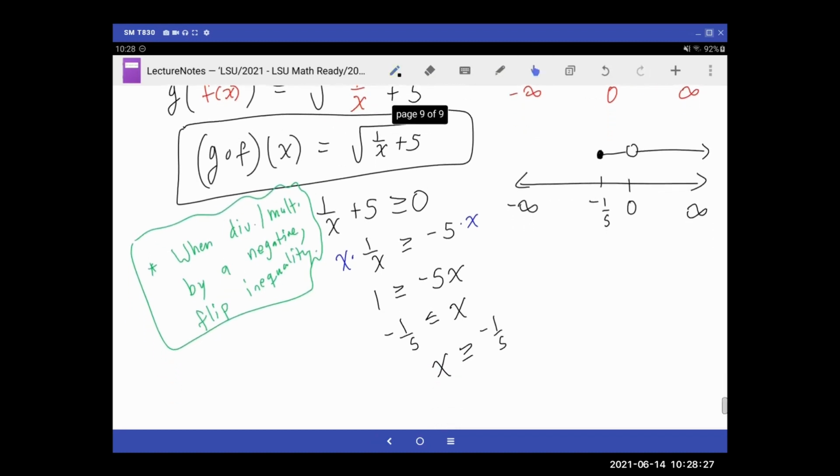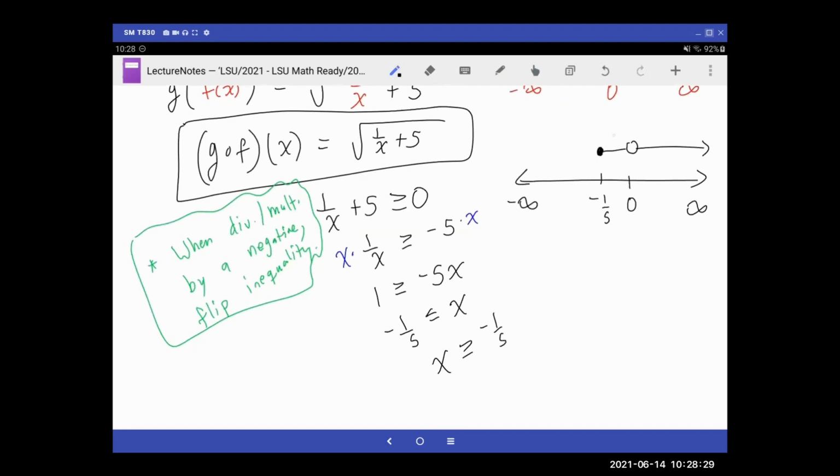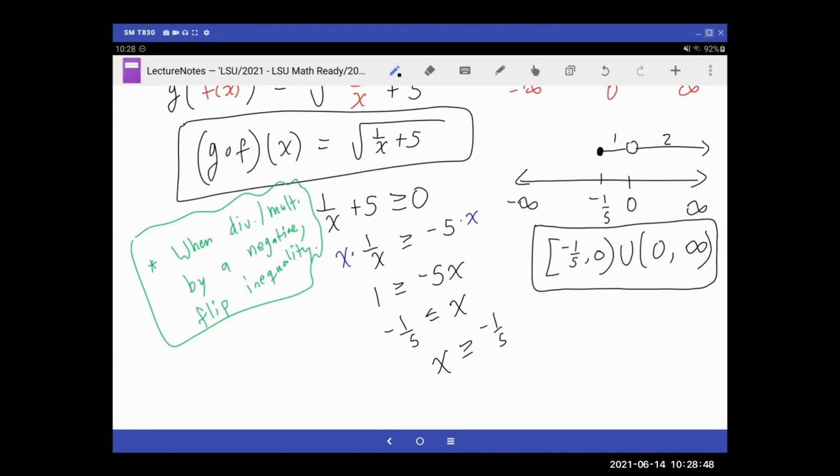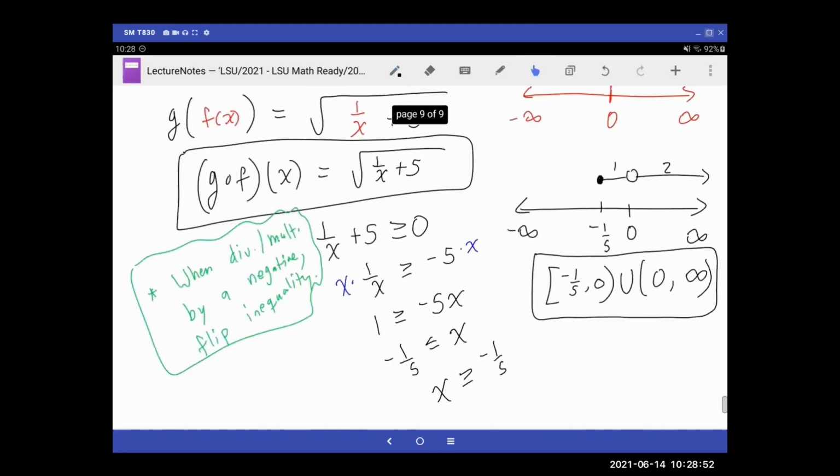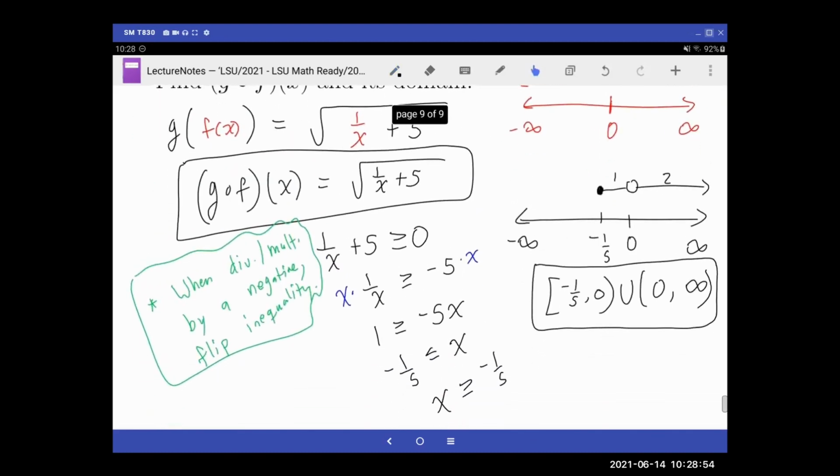That breaks my domain into two pieces: bracket negative 1/5 comma 0 parenthesis, union, parenthesis 0 comma infinity. That's the domain of my new composite function, and that's the last example for this lesson. All right, so I will stop the recording.